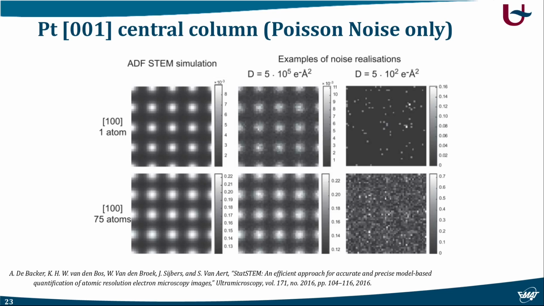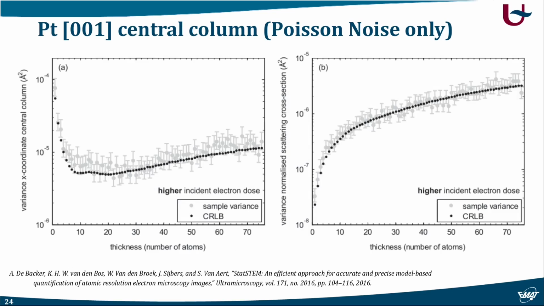They then quantified the error on the x coordinate of the column positions in the central column and on the scattering cross-section of this column. And they had shown quite nicely that even with raw images, they could reach the theoretical lower bound on the variance for both the atomic column position and the scattering cross-section, which you can see here on the right.